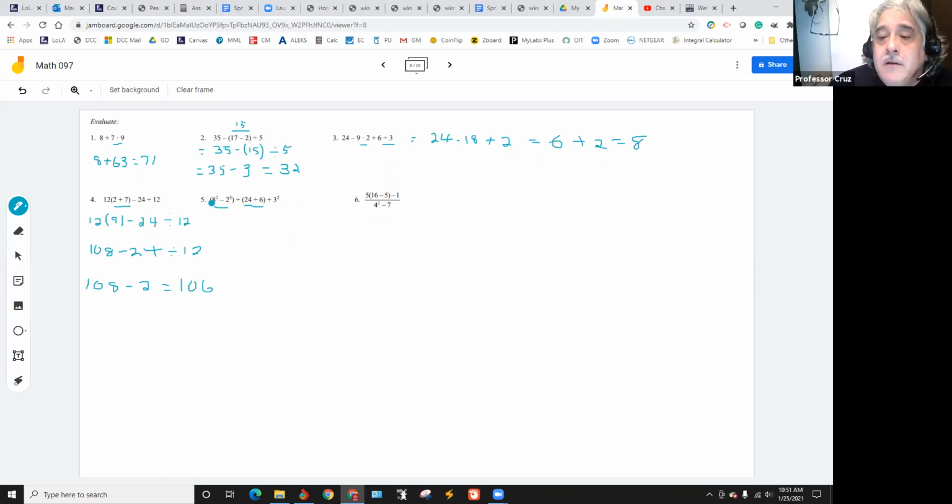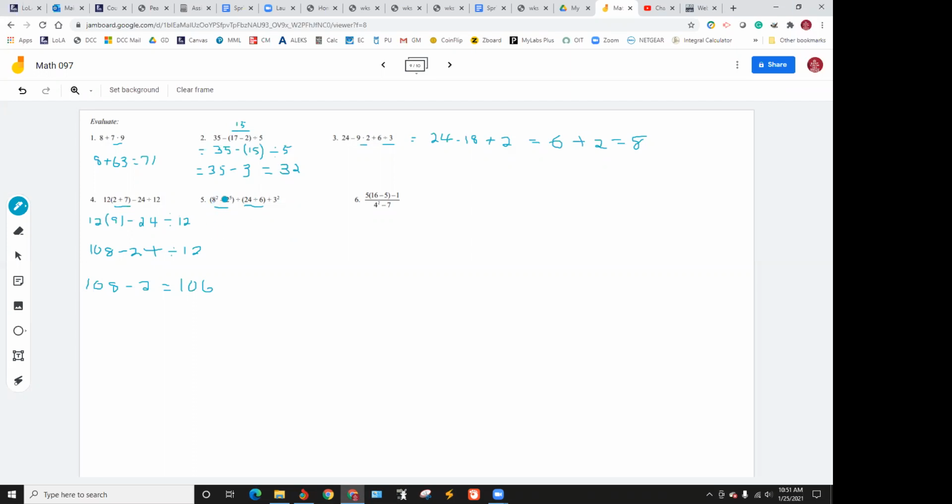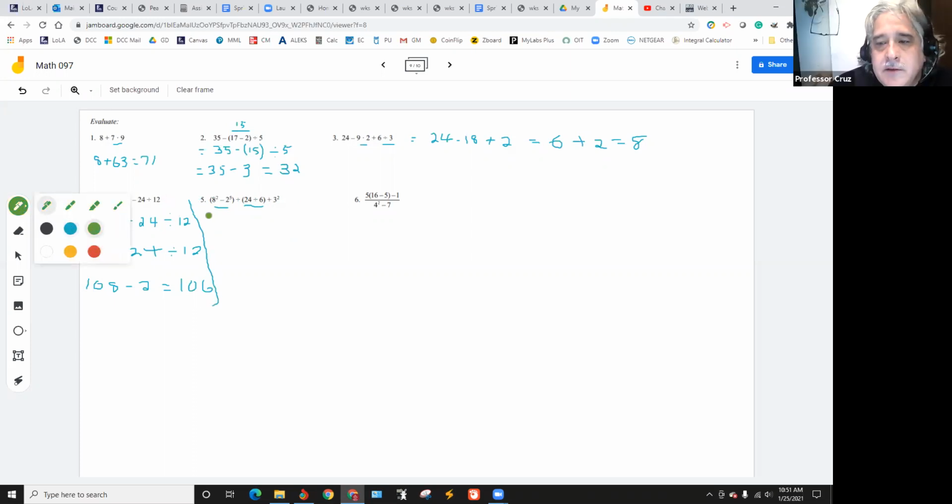What does 8 to the second power mean? 8 times itself twice. So 8 times 8 is 64, right?